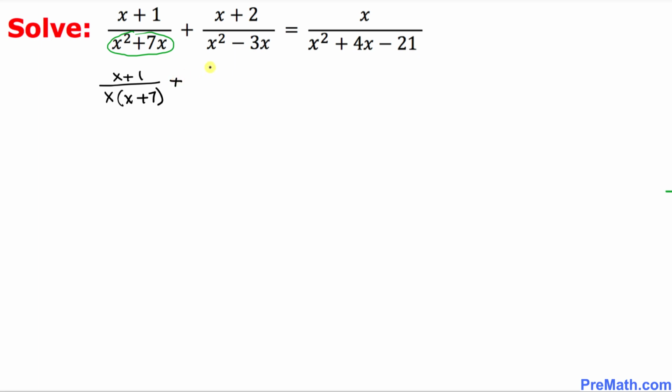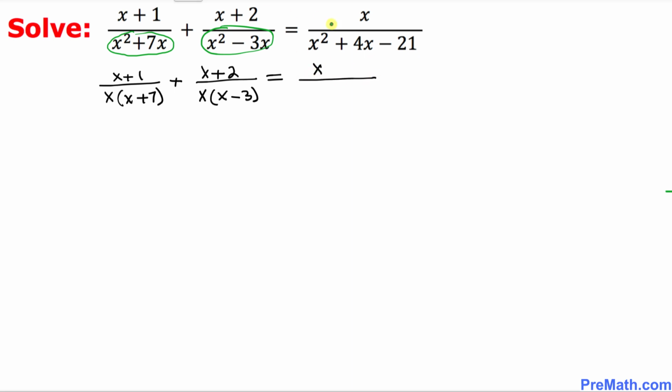Plus, likewise, x plus 2, we are not going to mess with that one. And at the denominator, this part, x squared minus 3x, we can see that x could be easily factored out. So x minus 3 is going to be in the parentheses. And on the right hand side, x is going to stay on the top.